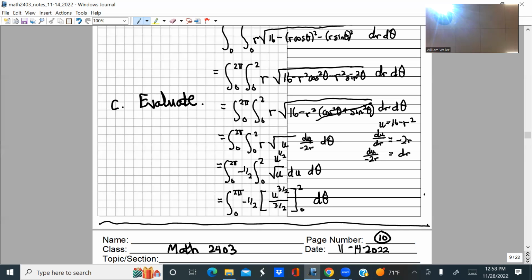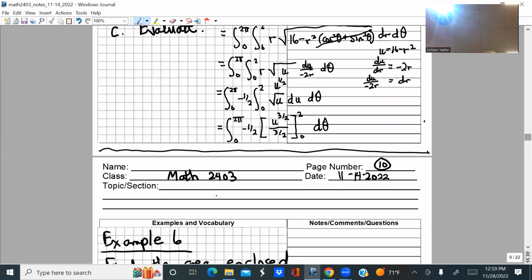So let's go back and fill in what the right value is for u, which was what? 16 minus r squared? So we have 16 minus r squared to the 3/2 power. Don't forget that's divided by 3/2. And then we're evaluating that from 0 to 2.